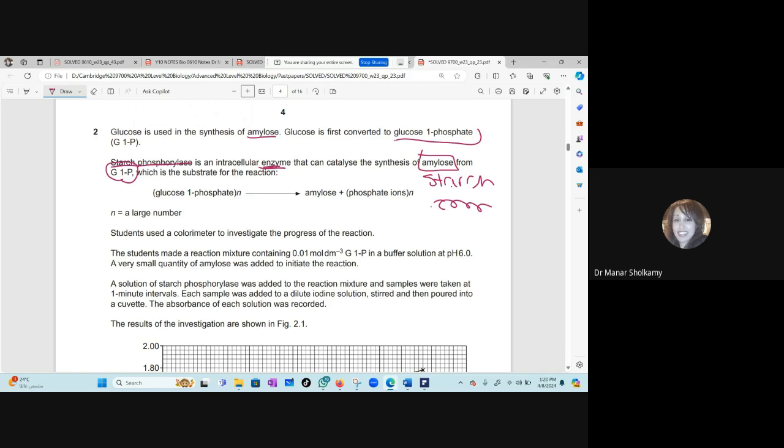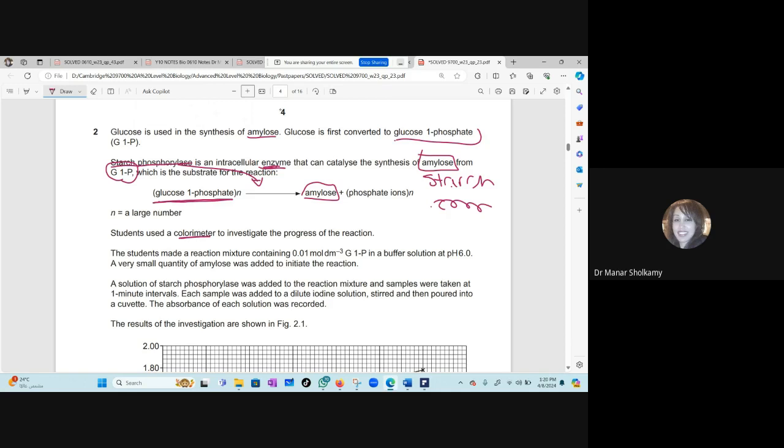Okay, let's look here. This is the glucose 1-phosphate, simply glucose. In the presence of the starch phosphorylase enzyme, it will be converted to starch, amylose plus phosphate ions. Students used a colorimeter to investigate the progress of the reaction.